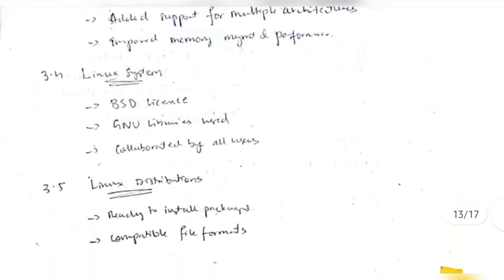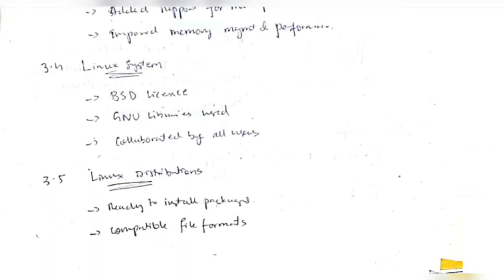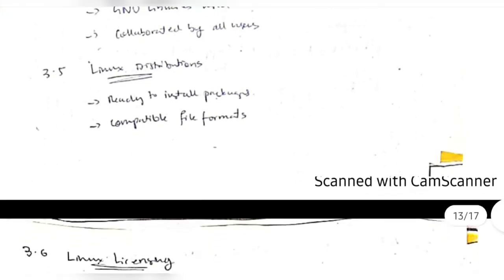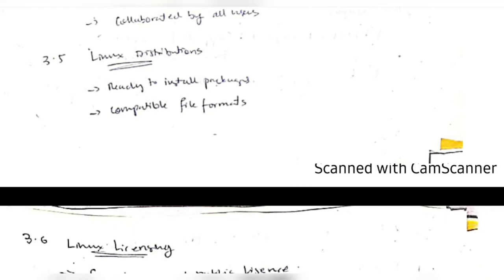The Linux system uses the Berkeley Standard Distribution License, its GNU libraries are used, and it's collaborated on by users all over the world. This is about the Linux system. Linux distributors means when we distribute the Linux system to other devices, it comes as a ready to install package, and it uses many compatible file formats.